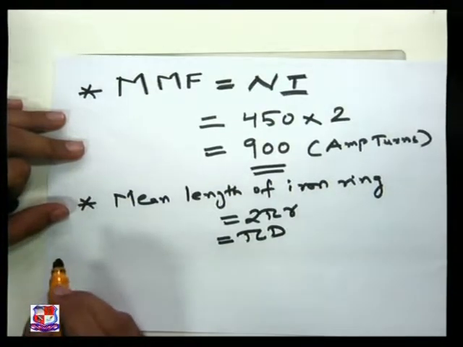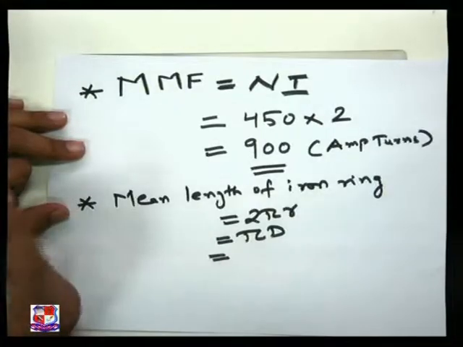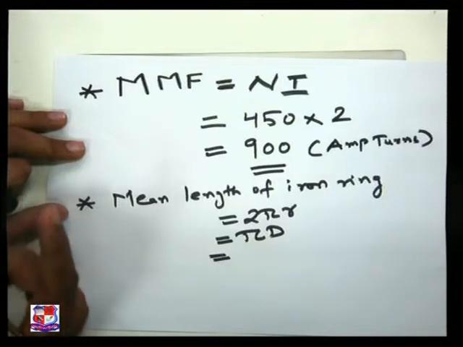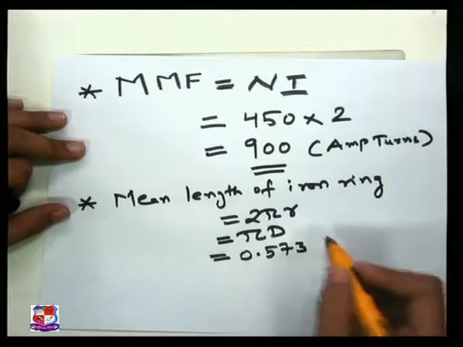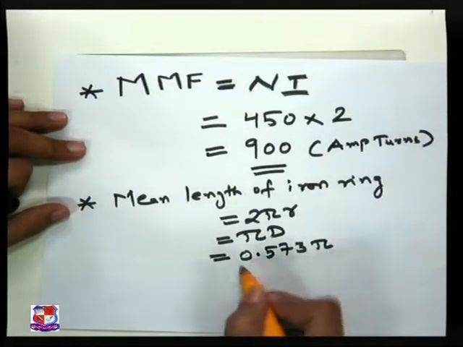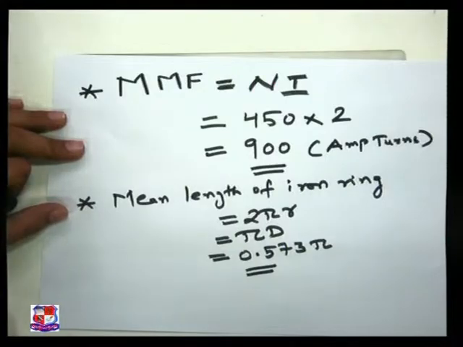The mean diameter of the iron ring is given to us as 57.3, or we converted that centimeter into meter, that was 0.573. So we will get 0.573 into pi, right? Okay.